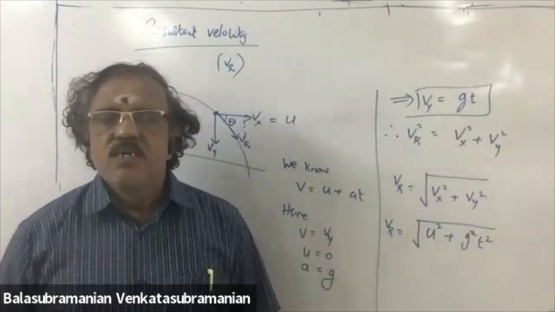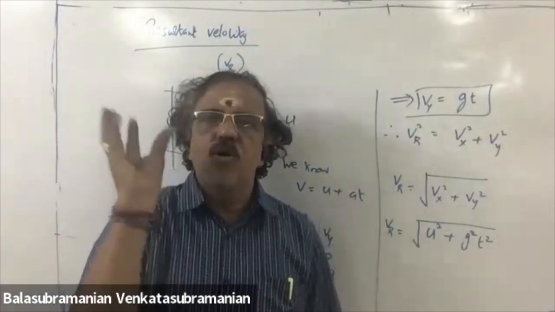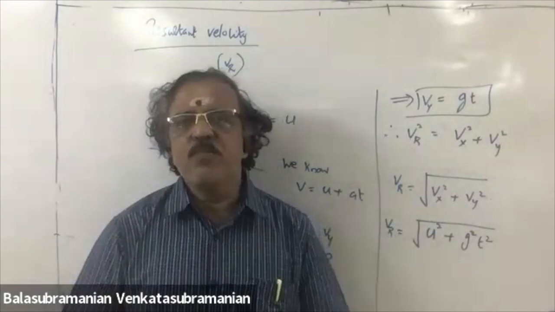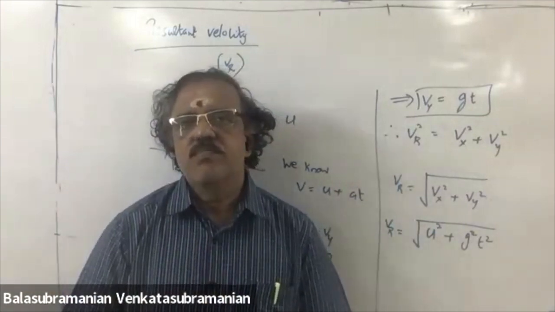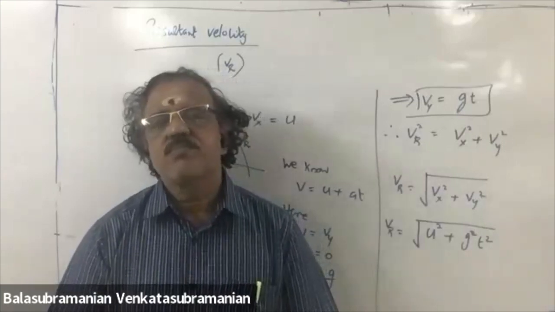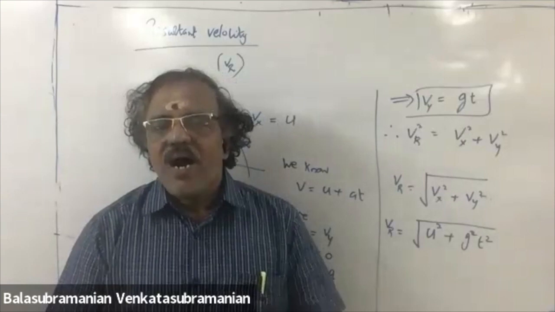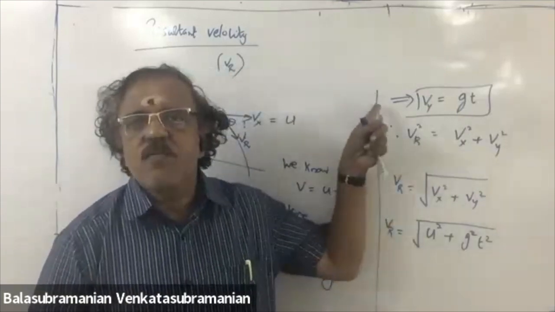Clear? So, in projectile motion, a ball thrown from a height, any body thrown from a height or from normal ground level, a bullet fired, any example you can use. We have discussed the body projected from the top of the building.